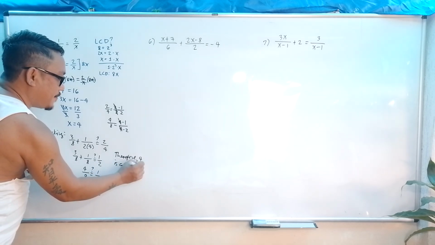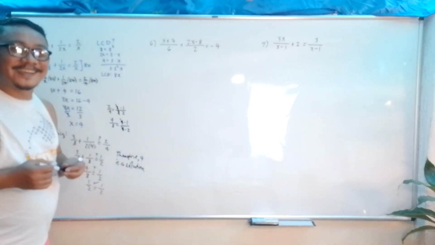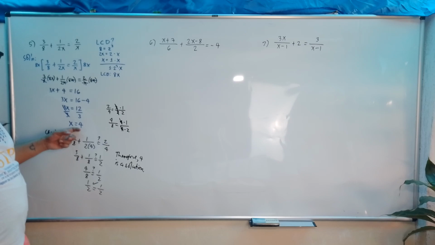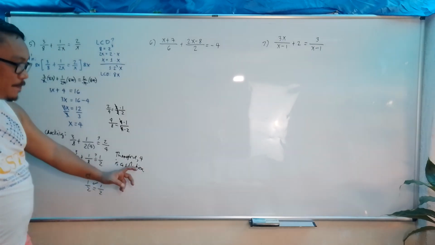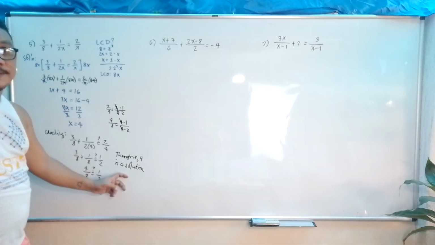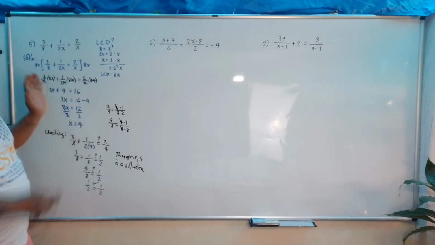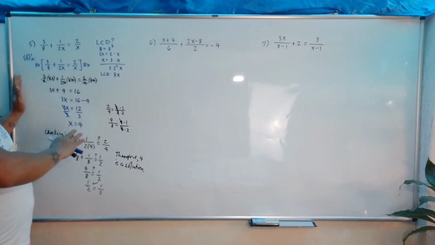Okay? Klaro kay guys, no? So, na-found out nato nga si x is equal to 4. Since here, possible solution naman siya, then, by checking, we prove that 4 is a solution of this equation. Okay? So, I hope na nasabtan sa example number 5.